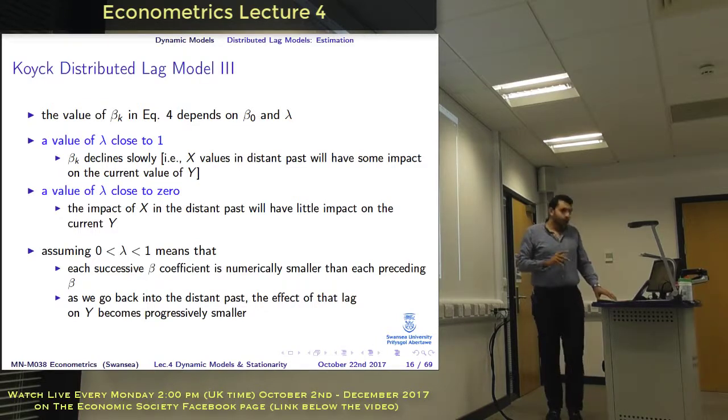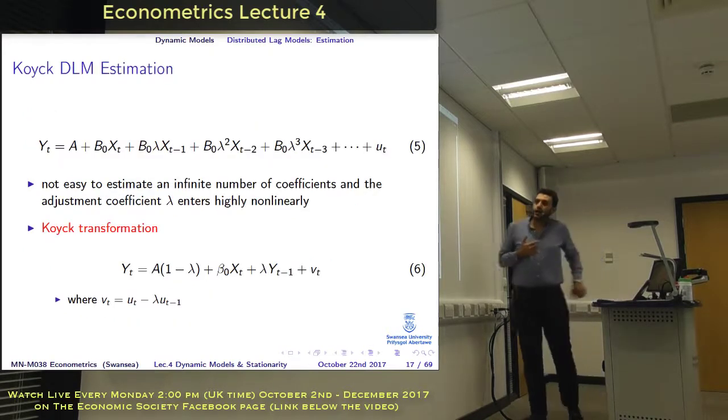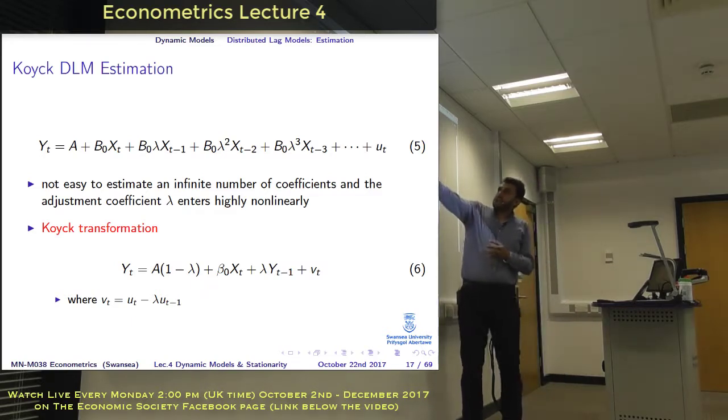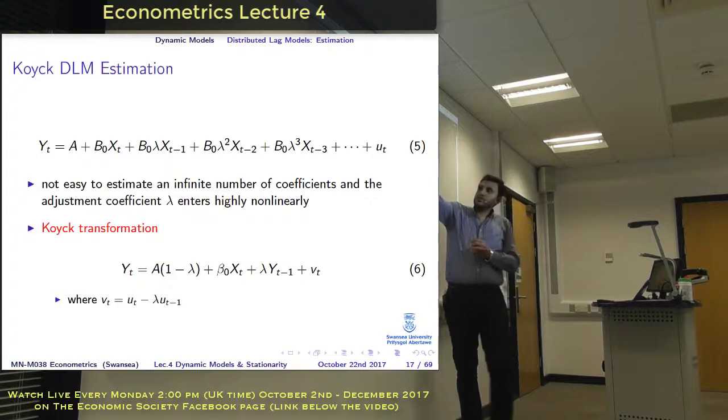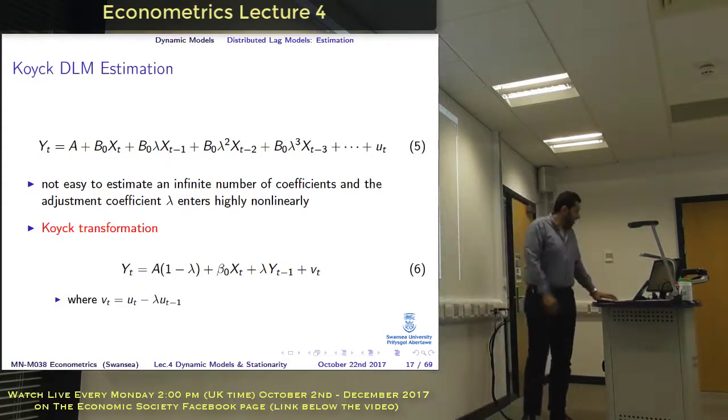So what are we going to do with this then? Let's look at the main Koyck transformation. What we did here is just replace beta k with its value from here.